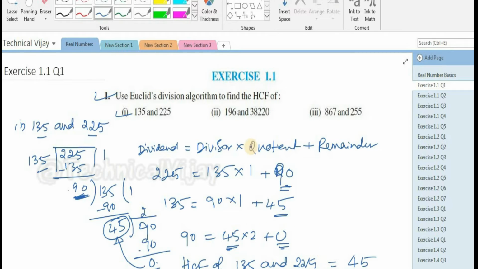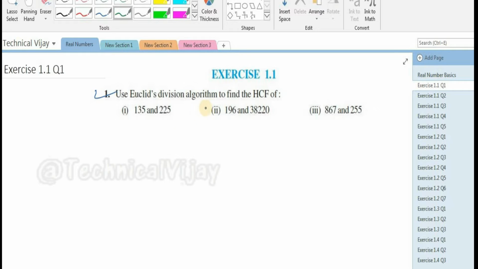Now we will go for the second part, that is 196 and 38220. As per Euclid's division algorithm, find out the biggest of the given two numbers. 38220 is the biggest number, and we divide this number by the smallest one, that is 196. 196 will take these three digits. 196 into 2 is around 392, so this is less.